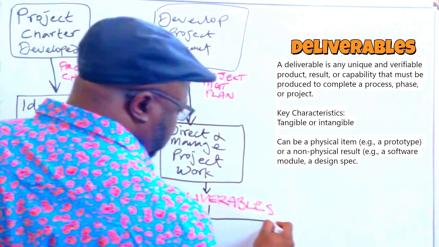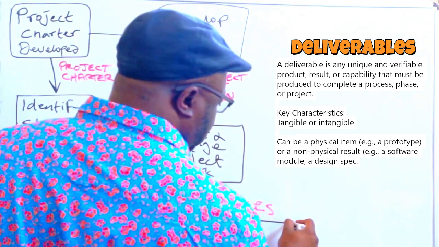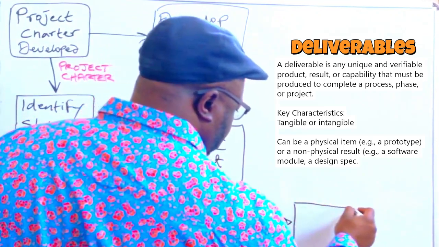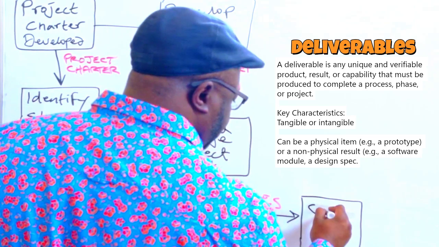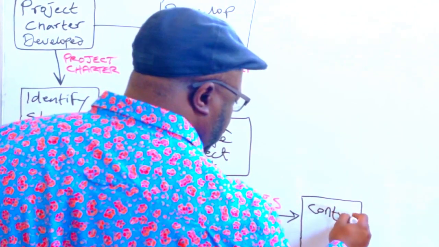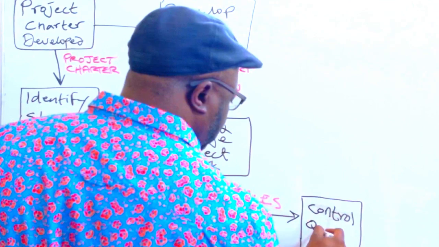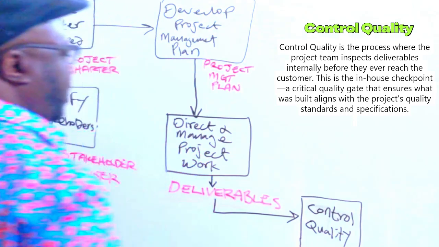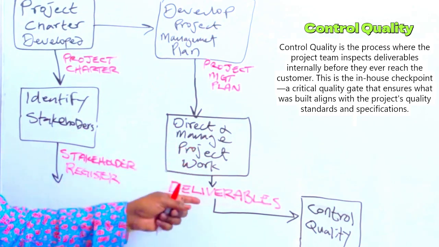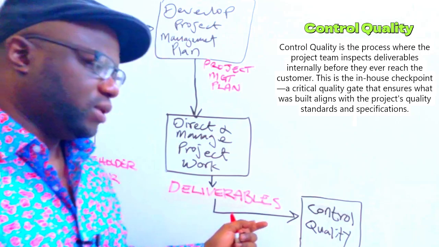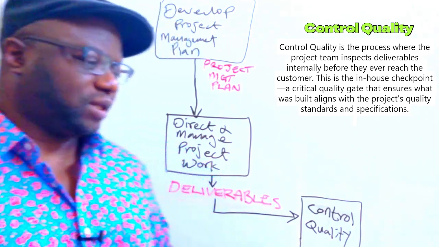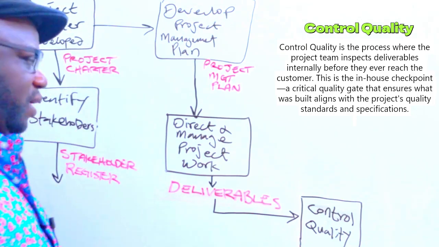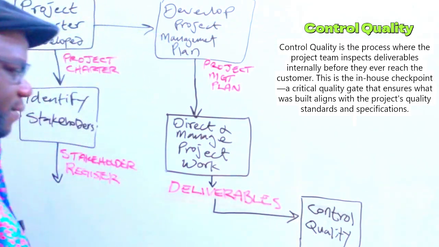When we get deliverables as an output, these deliverables will then go to a process. This process is known as control quality. Okay, think about it. As you're getting the work done and you get a deliverable, the next logical thing you should do with that deliverable is get it tested, inspect it, right? So we have some inspection that's going to go on there.